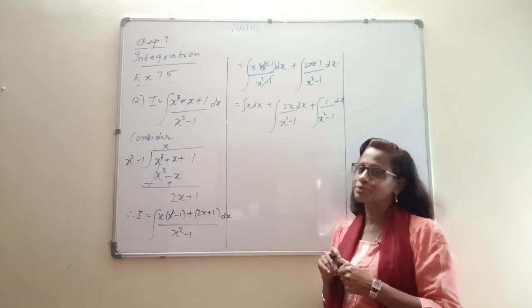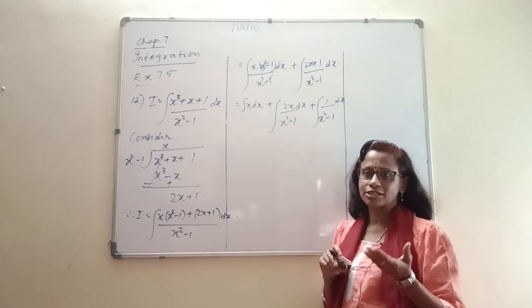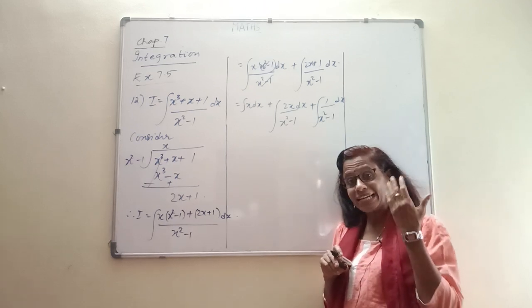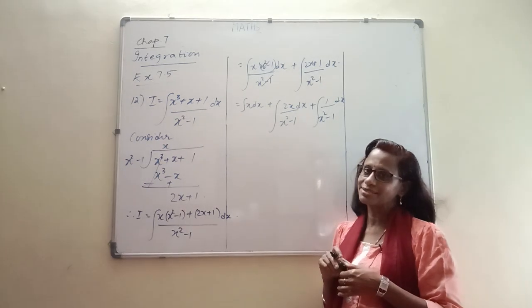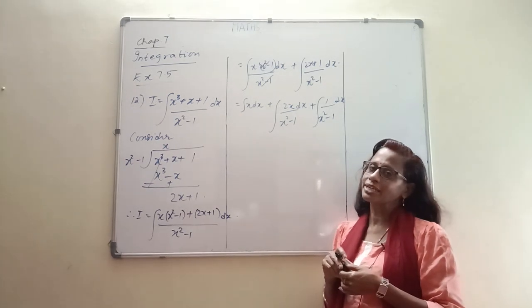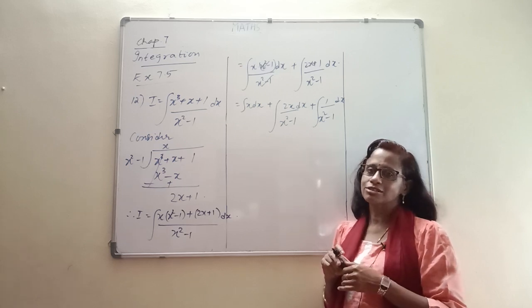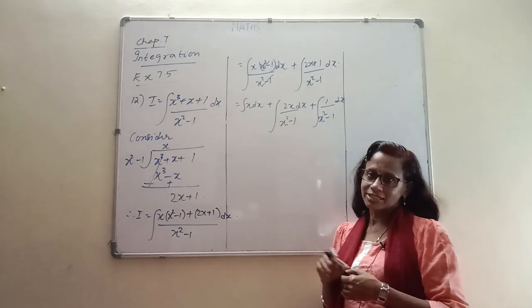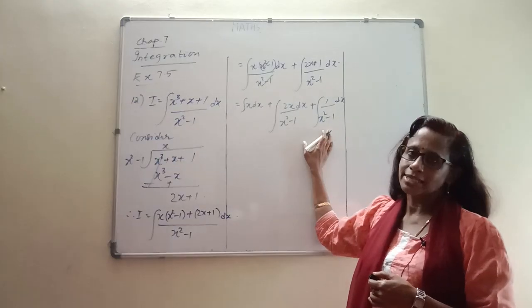So if you have the numerator as the derivative of the denominator, you can use the substitution u as x squared minus 1, and the numerator will become du, and in turn it will become log. So it will become log of x squared minus 1. If your numerator is by any chance the derivative of the denominator, you are going to get the integral as log. So that way even this is sorted out, and the other is of the type integral of 1 over x squared minus a squared.